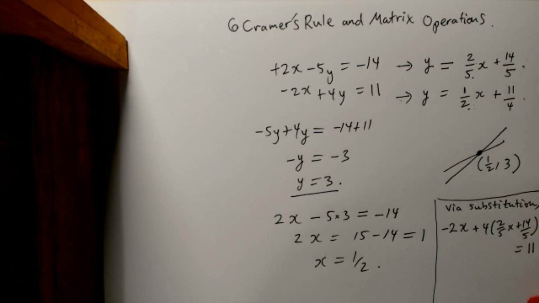And then we proceed to solve for x. So to do that, we would need to expand this part right here. And so we have minus 2x plus 8 over 5 x plus, let's see, 4 times 14 is 56. So 56 over 5 equals 11.